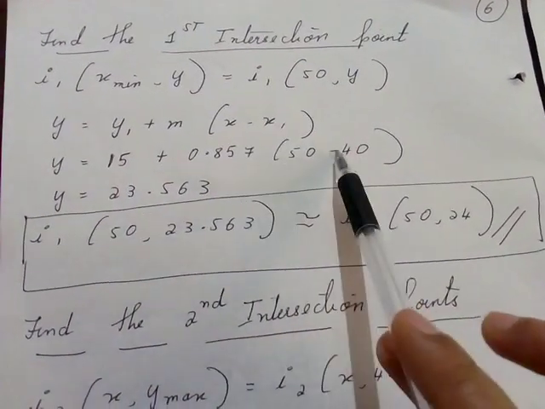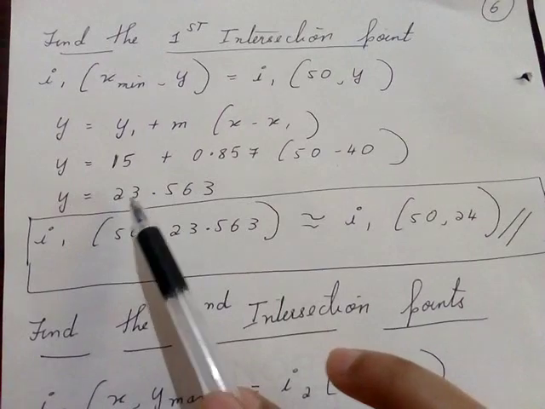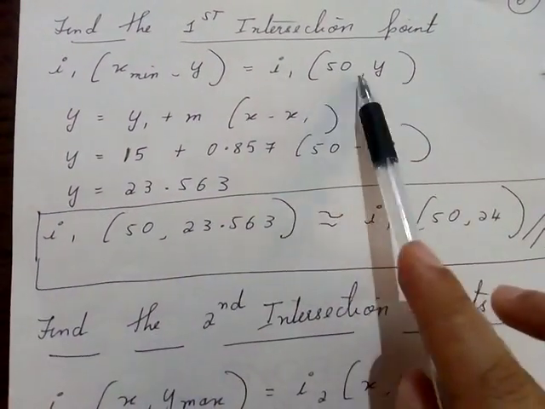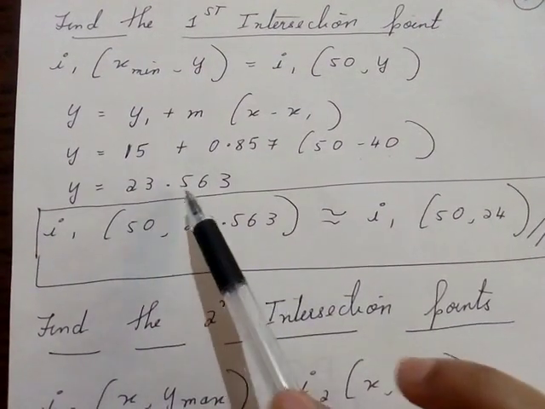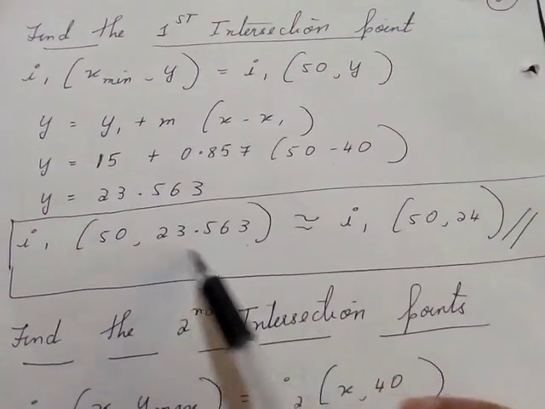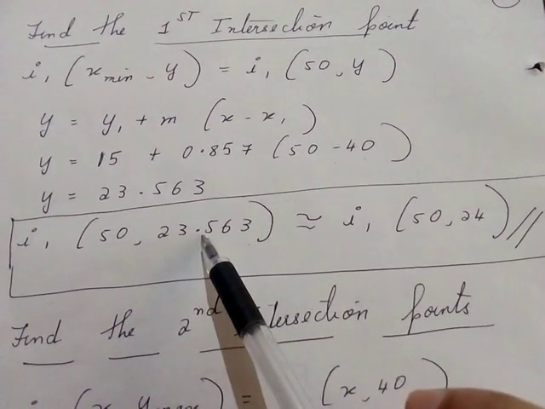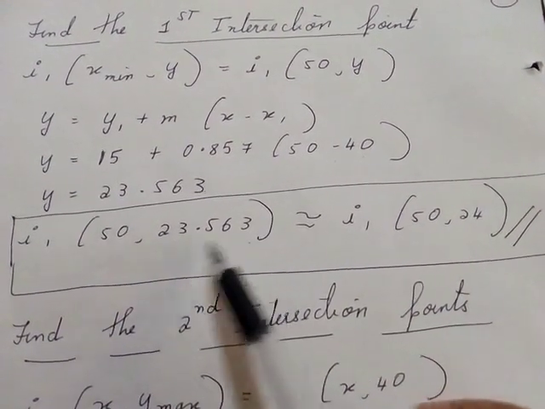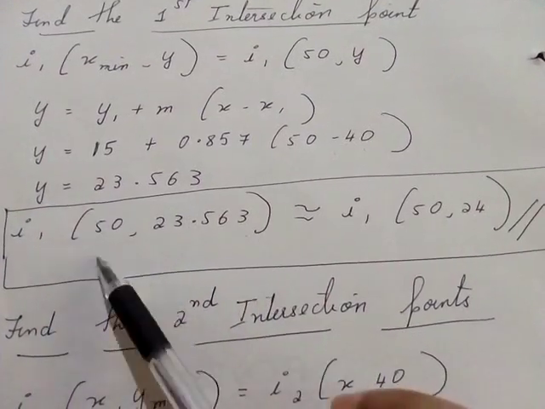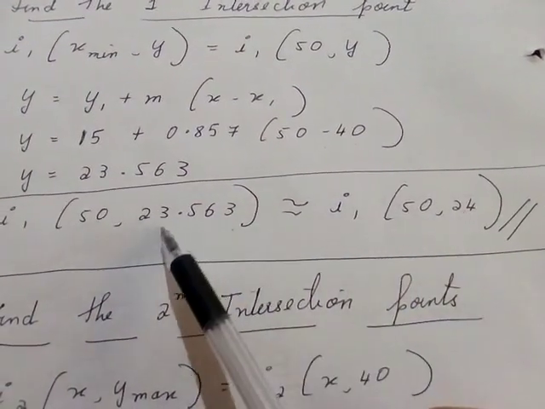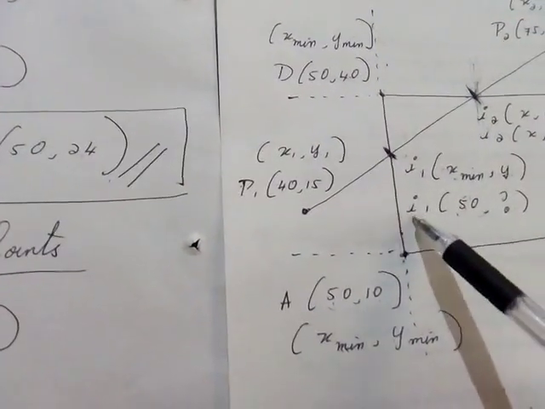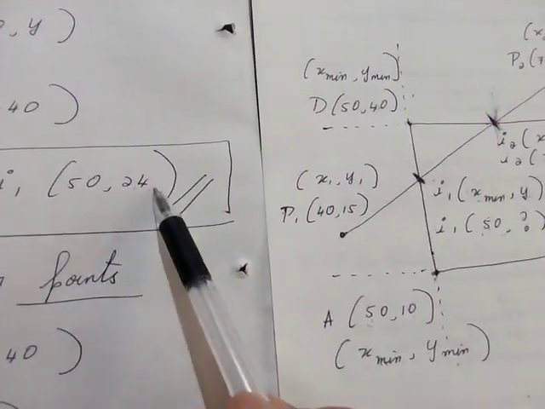After calculating this, we will get y as 23.563. So I1 will be 50 comma 23.563. This we have to round up to an integer value, because floating point values you cannot mark in the graph. So I1 will be 50 comma 24.